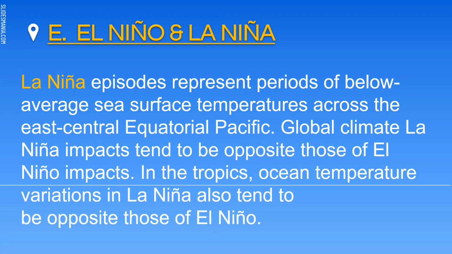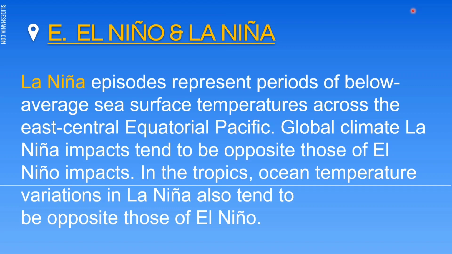Okay. Now, La Nina, it means a little girl in Spanish. La Nina is also sometimes called El Viejo, or anti-El Nino. So, simply called cold event. Taglamig naman. Okay. So, La Nina episodes represent periods of below average sea surface temperature across the east central equatorial Pacific.